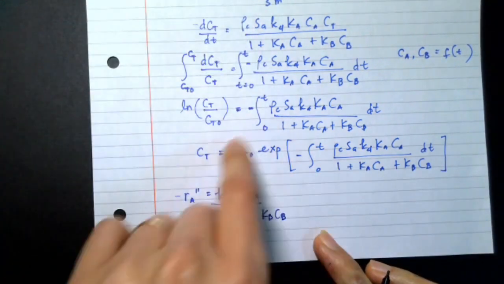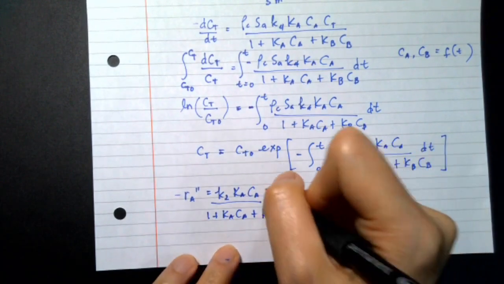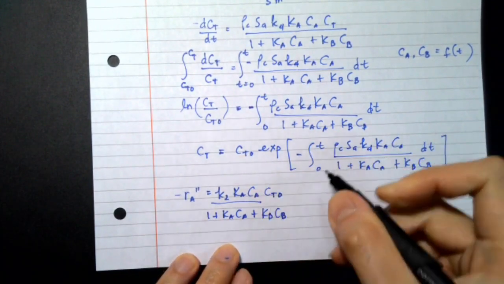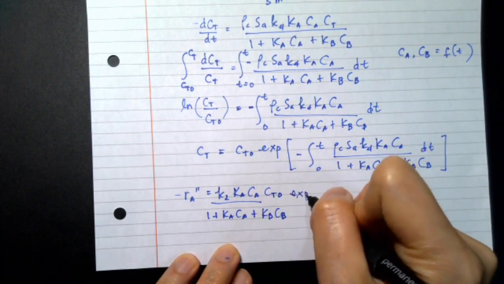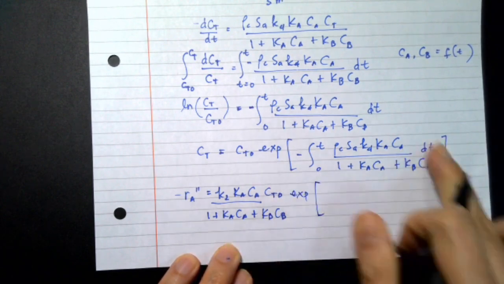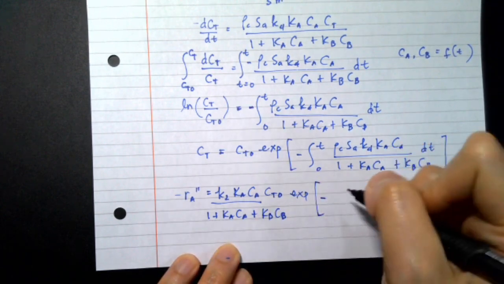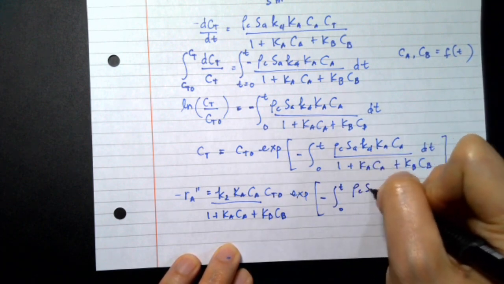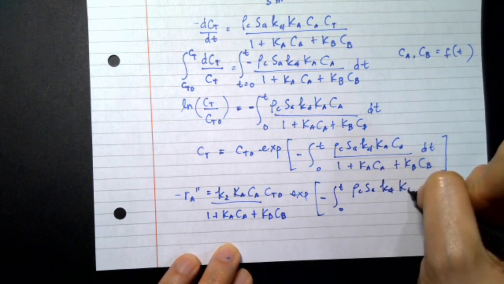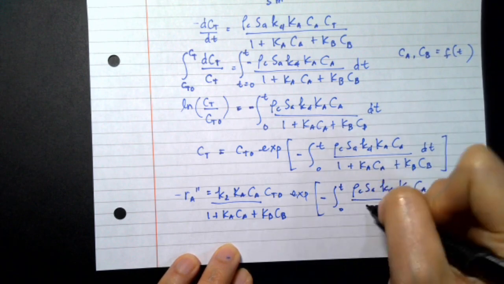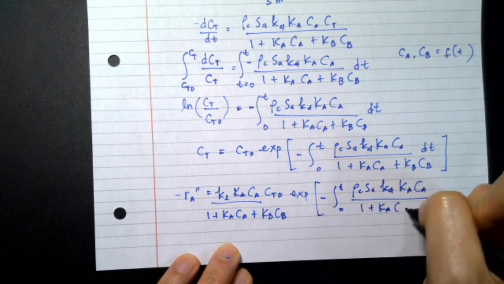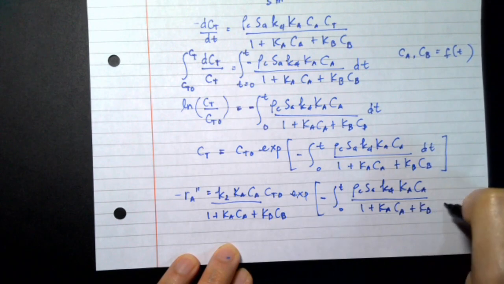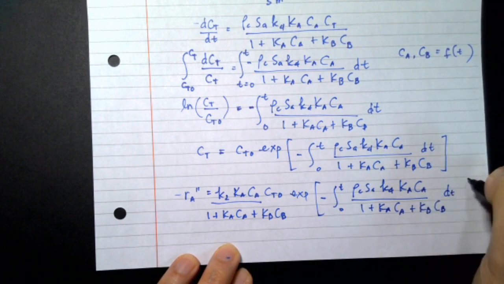And then Ct is equal to Ct0. And we have this exponential decaying function. Negative the integral from 0 to t of rho CSA K4 Ka Ca over 1 plus Ka Ca plus Kb Cb dt.